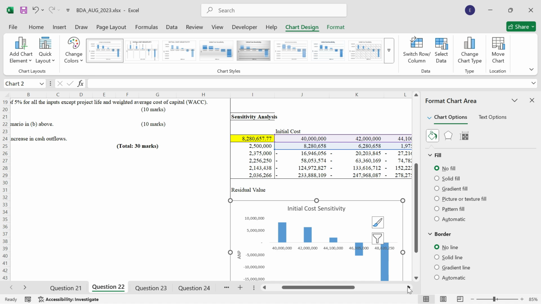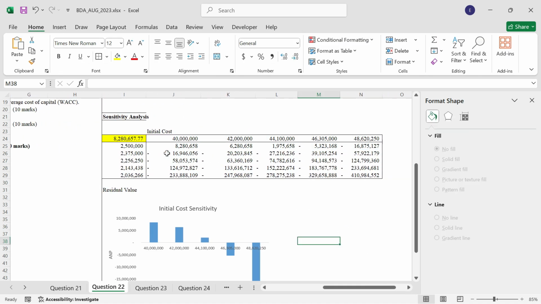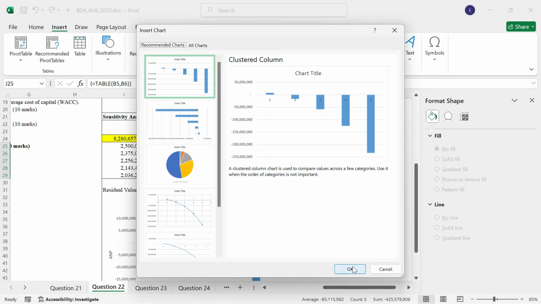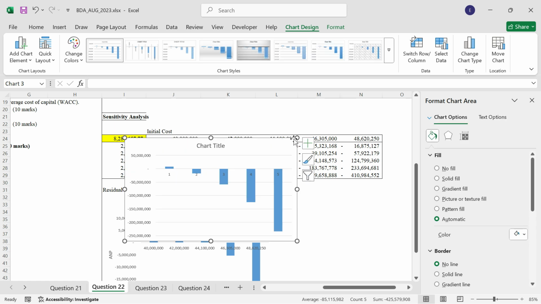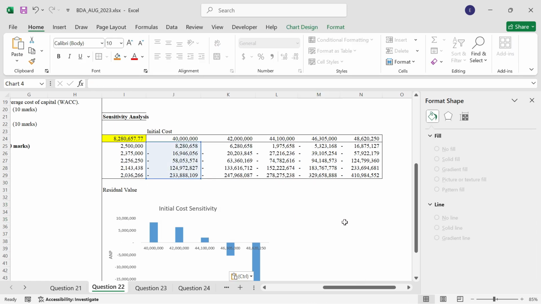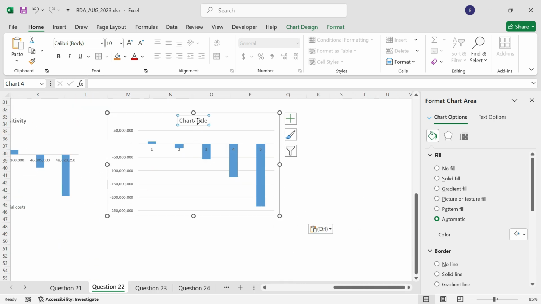I can then do the same thing for my residual value, pick out different NPVs, insert a graph. This is my residual value sensitivity.